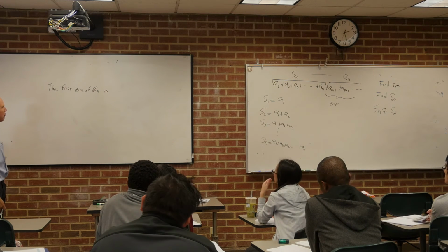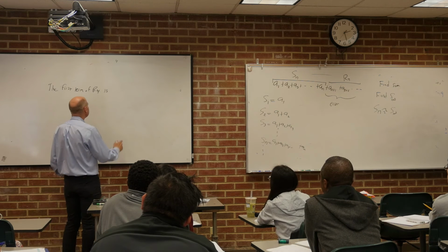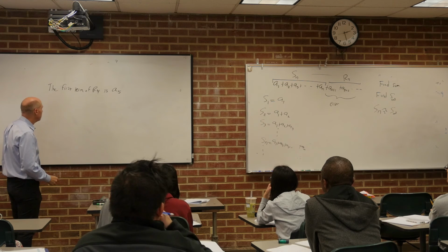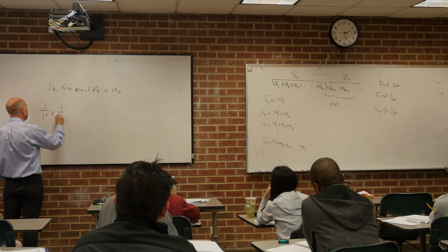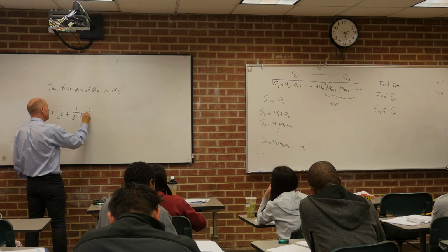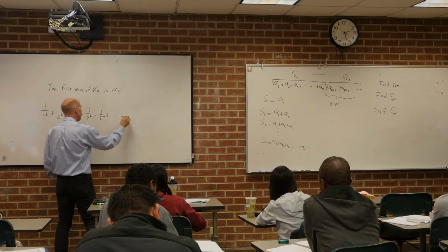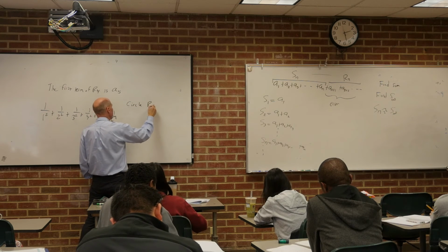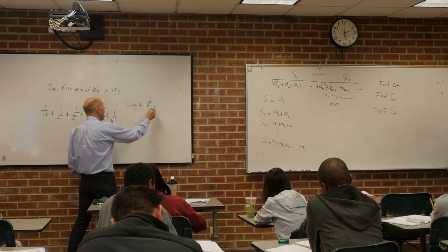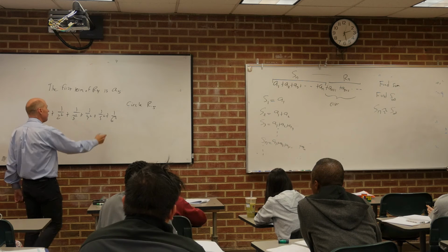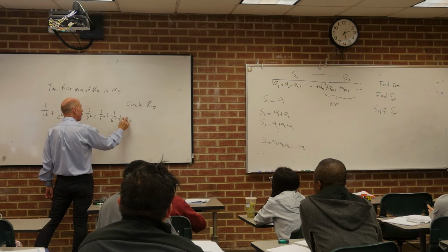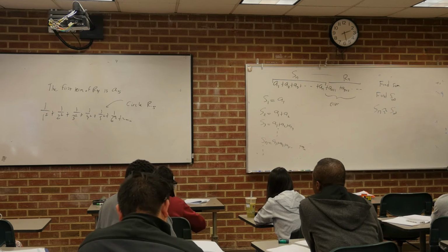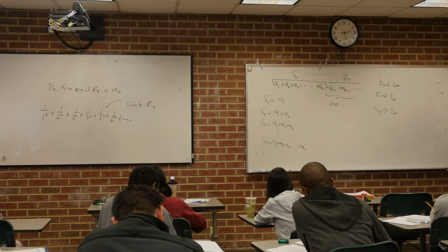Let's see this in action. What's the first term of R4? A what? And in action, for this series, 1 over 1 squared plus 1 over 2 squared and so on, I want you to circle R5.